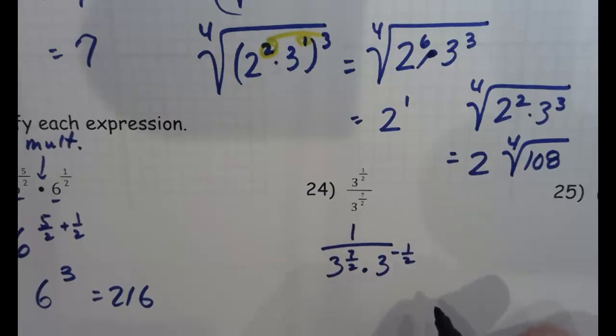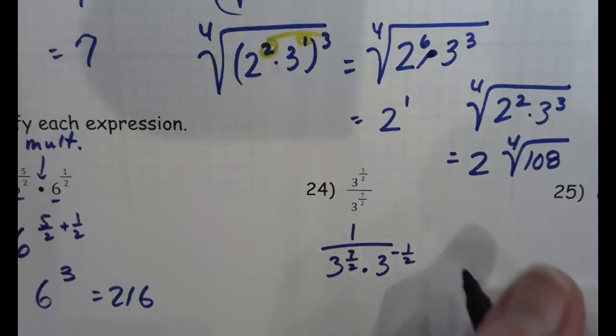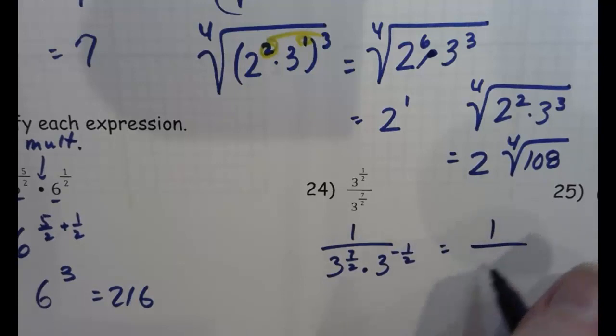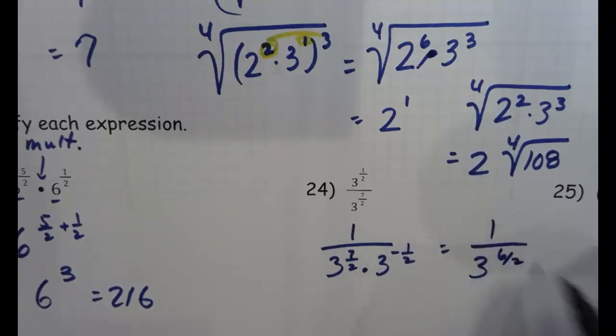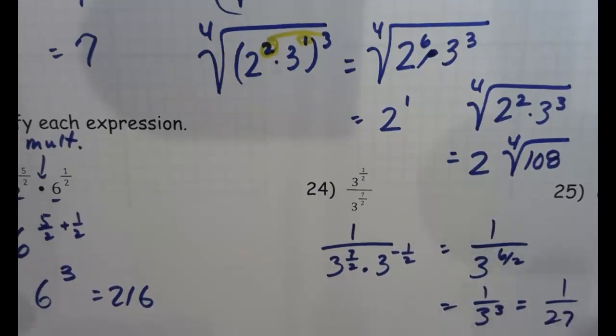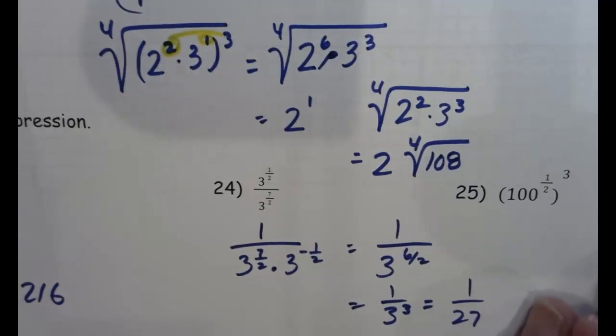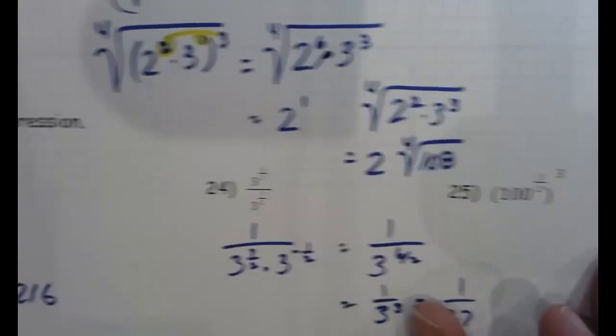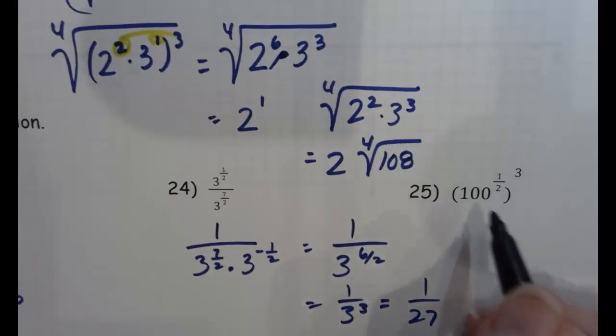If we flip that 3 to the 1/2 to the bottom, it becomes negative. So we end up with 1/3 to the 6/2. 6/2 is 3. It's 1/3 to the 3rd. That is 1/27.